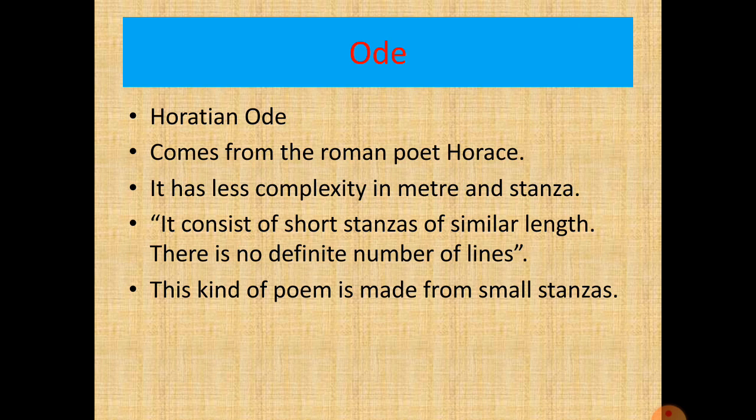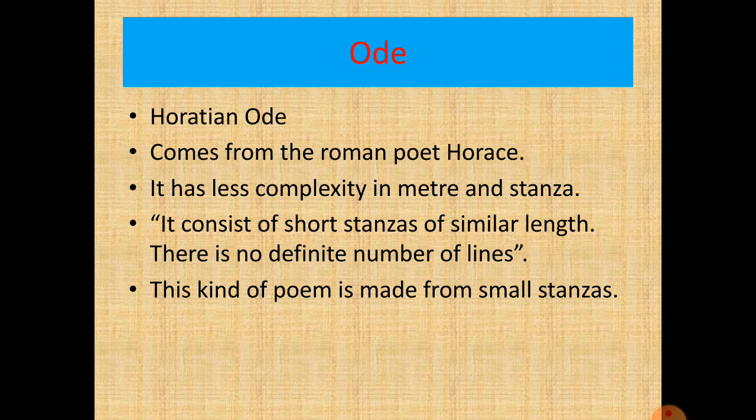So we can say that the Horatian ode is very easy and less complex than the Pindaric ode. It consists of short stanzas of similar length. There is no definite number of lines in the Horatian ode.